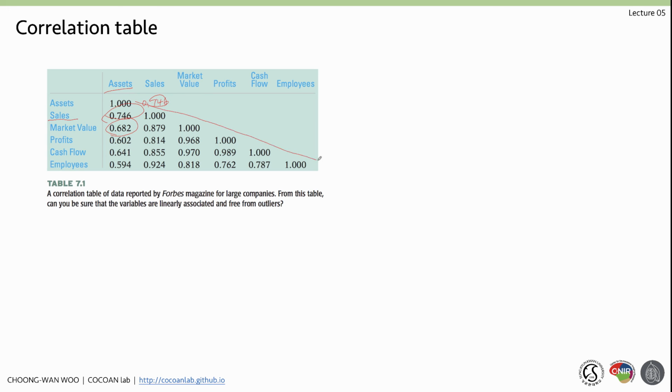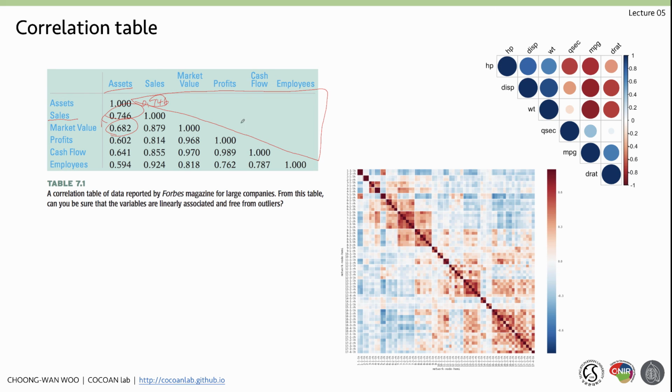So therefore, we just omit this and only show the bottom triangle or top triangle. It's a symmetric matrix like this, and this shows the correlation using the upper triangle. The diagonal of this matrix should be 1 because it tells us about the relationship of the variable with itself.